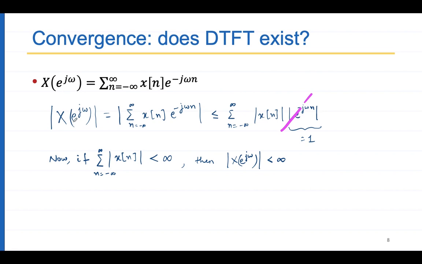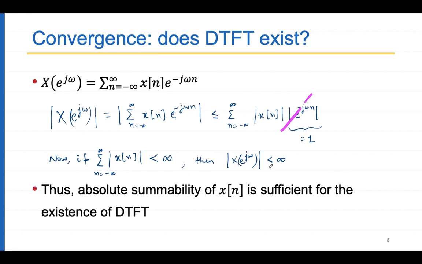If this is finite, then this is definitely finite, which means the DTFT does exist. So absolute summability of x[n], if this condition is satisfied, is sufficient for the existence of the DTFT, and the DTFT will certainly exist because this sum will be finite.